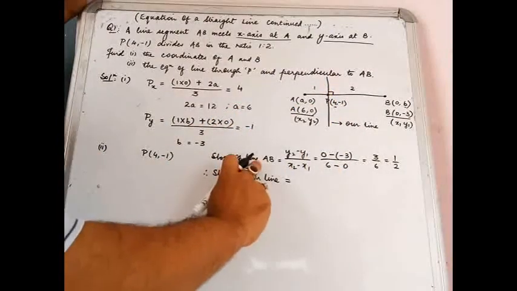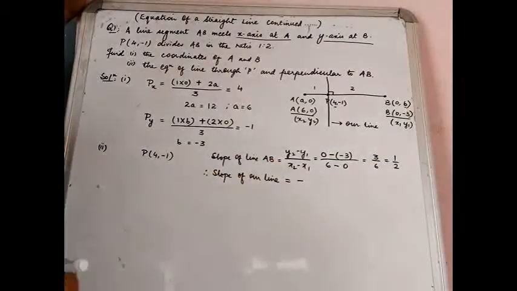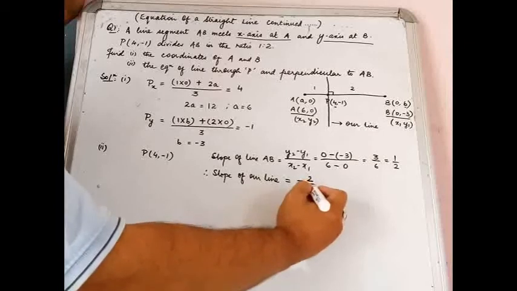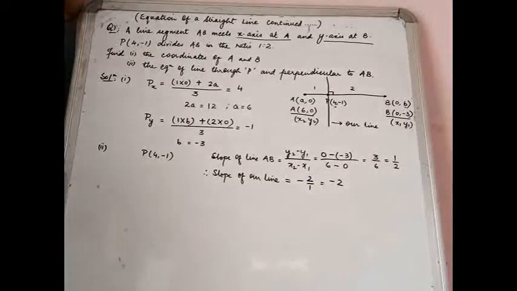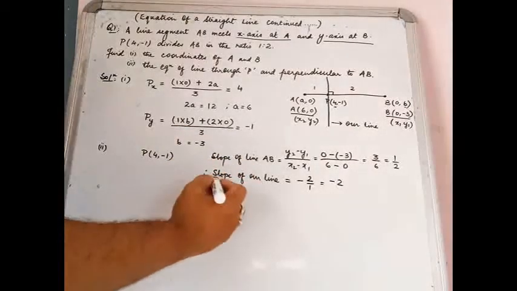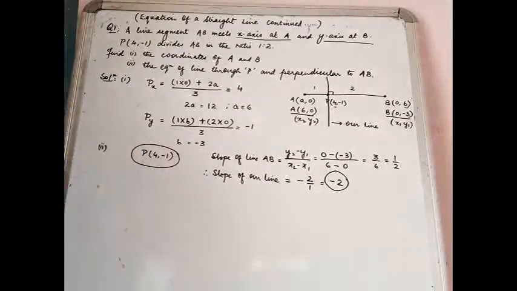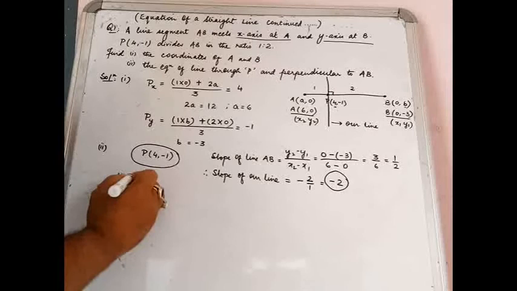So if the slope of line AB is plus 1 upon 2, then the slope of our line will become minus 2 upon 1, which is actually minus 2. Okay, applying the perpendicularity law. So we know the slope now, which is minus 2, and we know the point through which the line is passing.